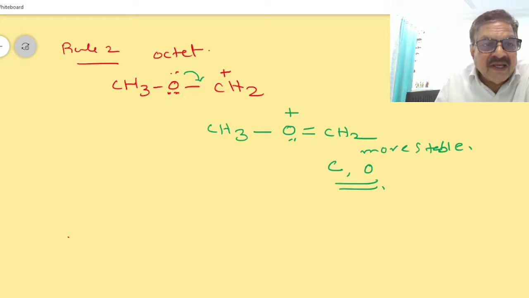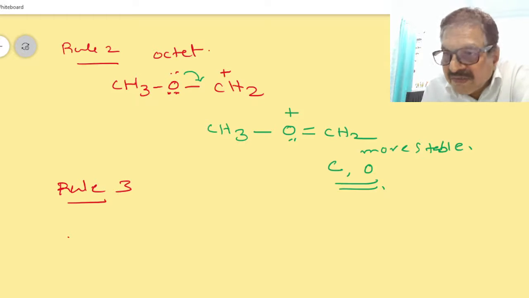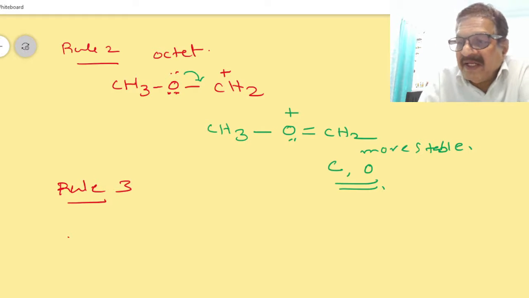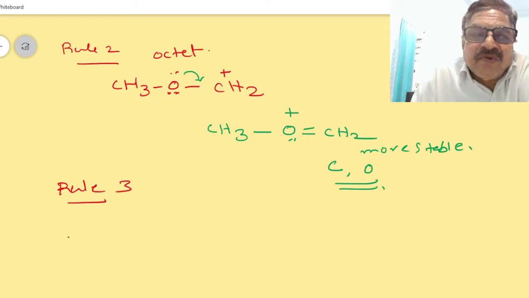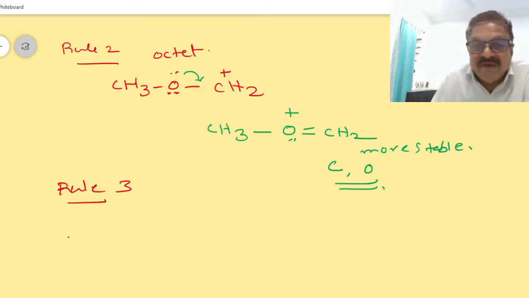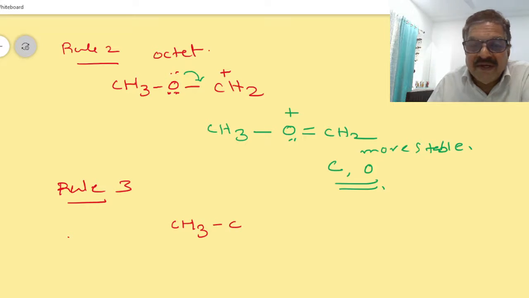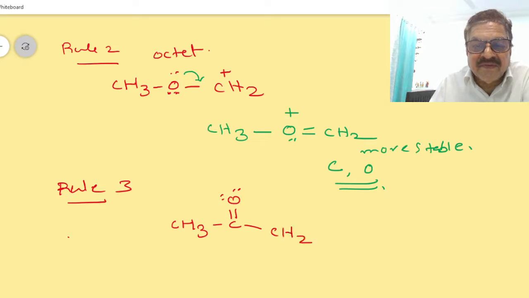That is a structure with a negative charge on a more electronegative atom. A structure that places a negative charge on a more electronegative atom will be more stable, because an electronegative atom has a tendency to acquire that negative charge. So CH3, a compound of this nature, then we can draw CH2 minus.